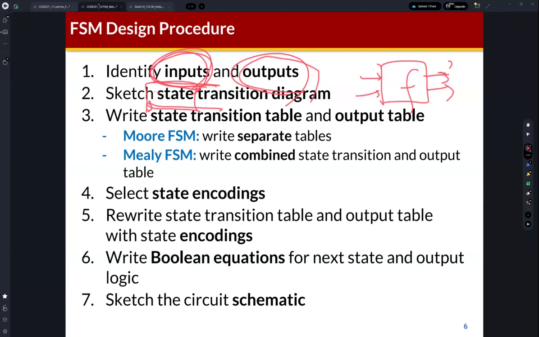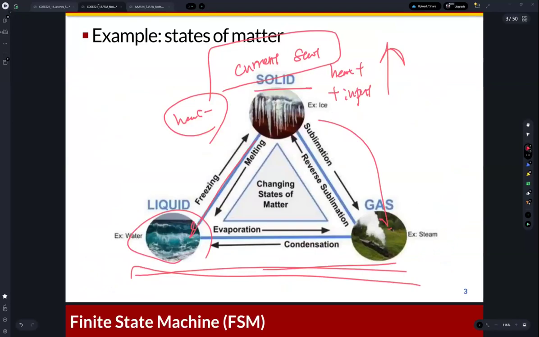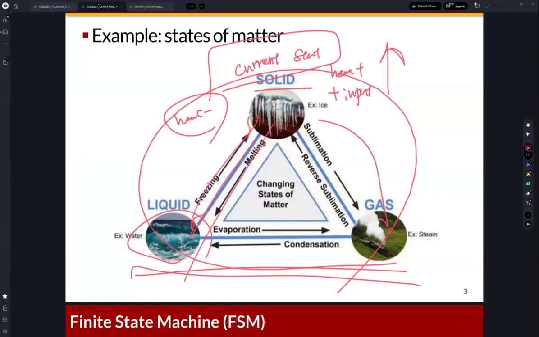The state transition diagram looks like this. We can define states: solid, liquid, and gas. Based on the input, the states are changed from the current state to the next state. We just connect the state transitions based on the input signals.